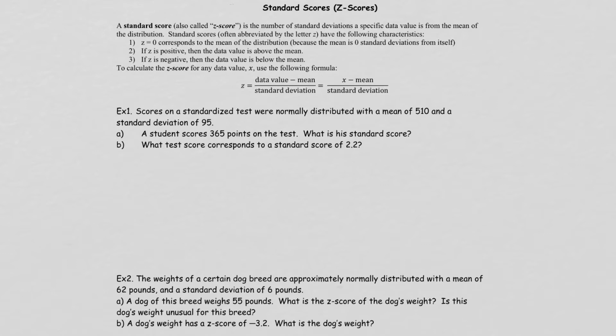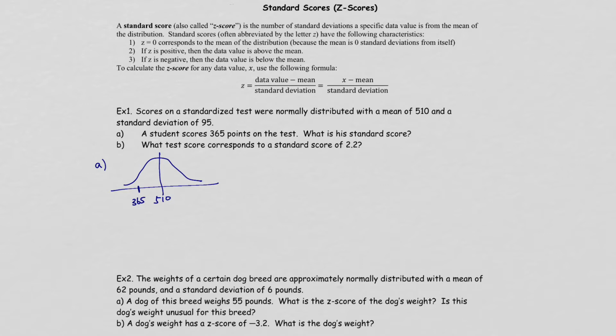So what they're asking you to do is, in that normal distribution with mean 510 and standard deviation of 95, the student scored somewhere at 365, and they want to know what the standard score of this point is, right? What do we do?